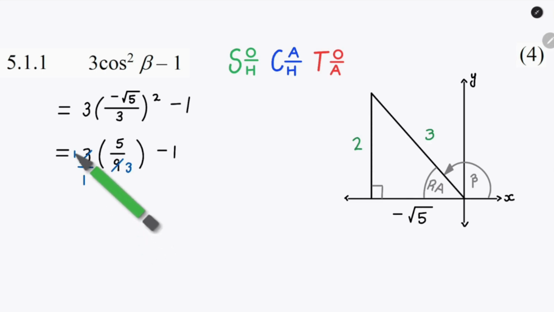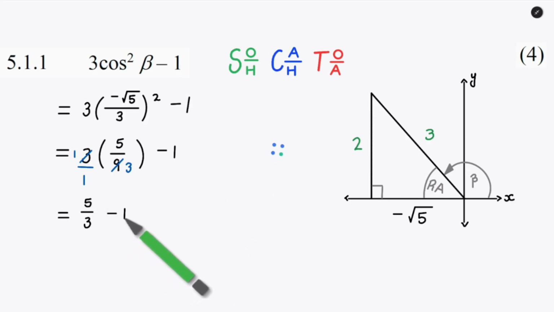And now I just do top times top and bottom times bottom to get my new fraction over here to be 5 over 3. And this whole time the minus 1 just chills on the outside, and now 5 over 3 minus 1. Convert that 1 into a fraction quickly, 3 over 3. 5 minus 3 will give me 2, so the final answer will be 2 over 3. And we have officially wrapped up this question.